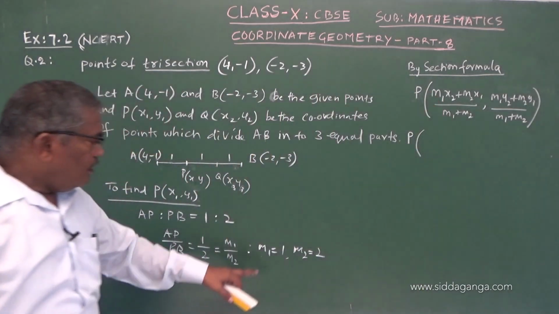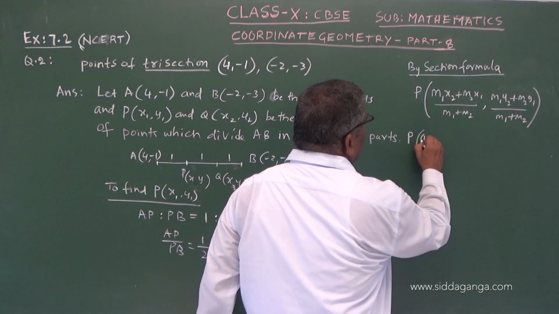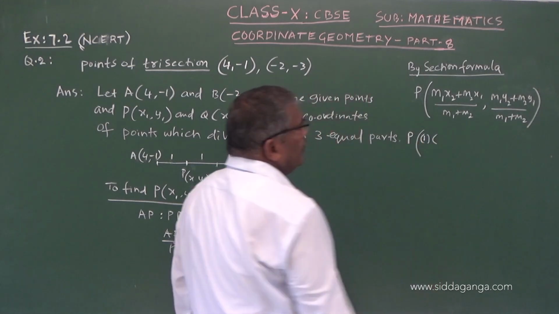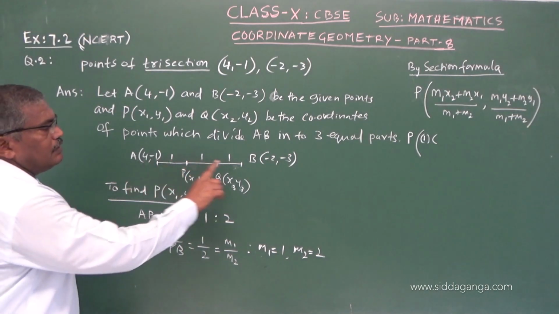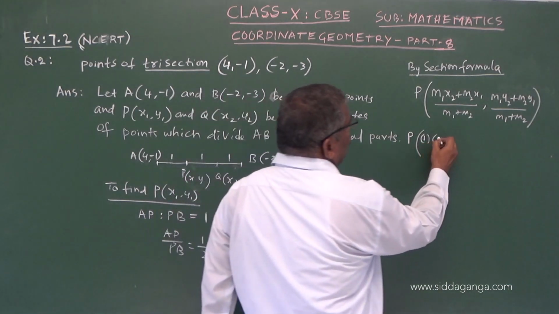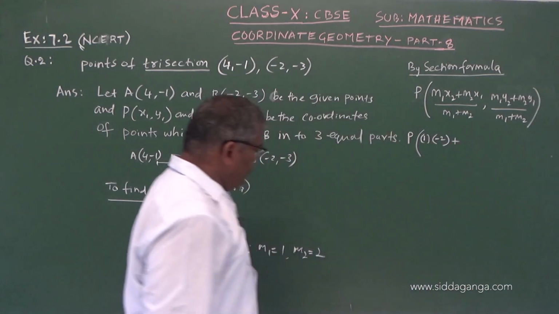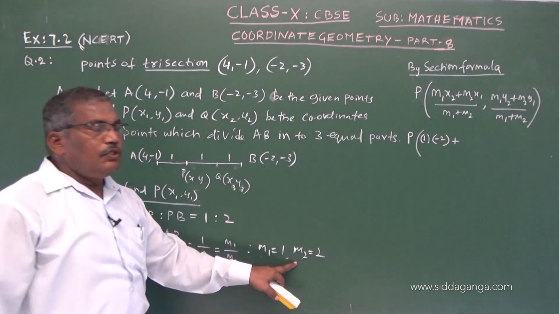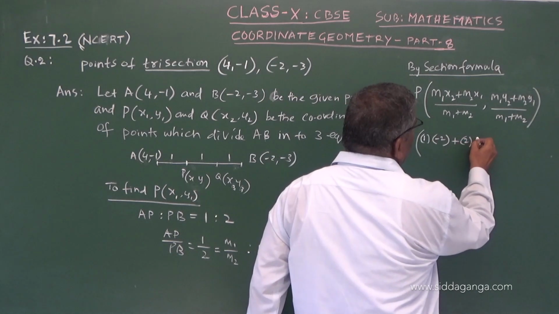m1 is 1, so 1 into x2. This is x1 y1, this is x2 y2. So x2 value is minus 2, plus m2 into x1, m2 is 2, so put the bracket.